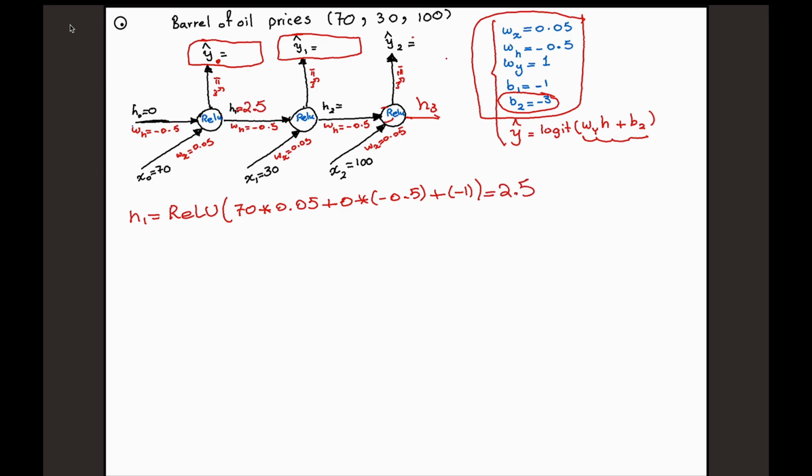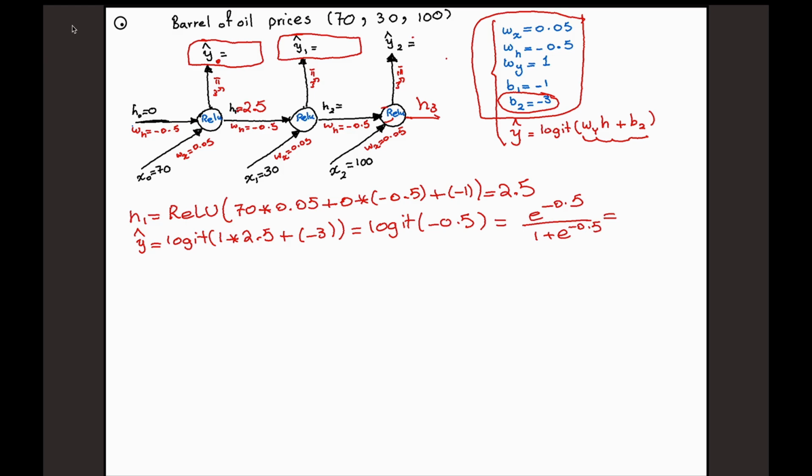And then y hat simply is defined as logit of 1 times 2.5 plus its bias, which is -3. So that will be logit of -0.5, which, to remind you, is exponent of -0.5 divided by 1 plus exponent of -0.5, which is going to give you 37%. So this probability is 37%. Yes, we calculated that, but it's not really useful.